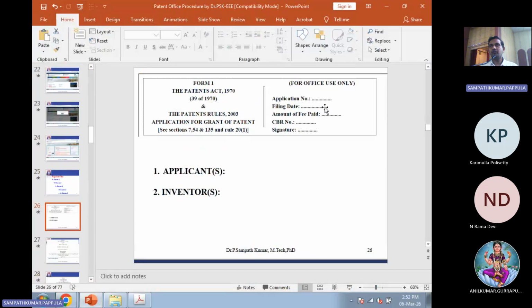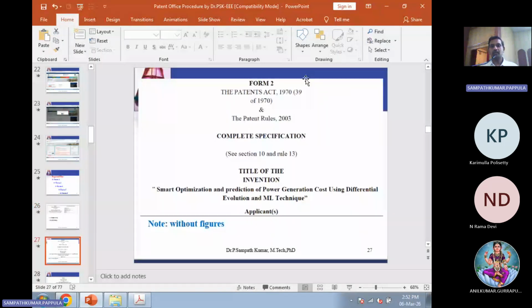This belongs to Form 1. I already showed Form 1, where the applicants and inventors are mentioned. After it, Form 2 is there: complete specification, title of the invention, and you need to fill this Form 2 without figures.